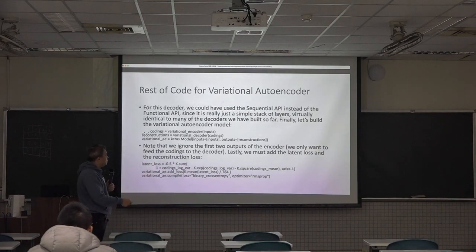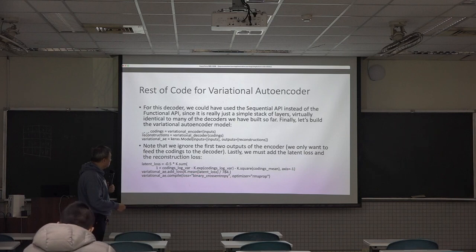So finally, we need to add the latent loss and the reconstruction loss. This is where we create that latent loss, and we add this latent loss to the loss function.